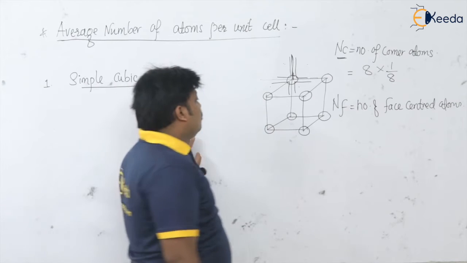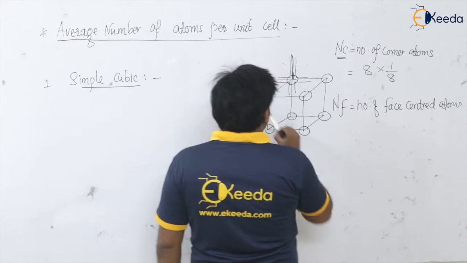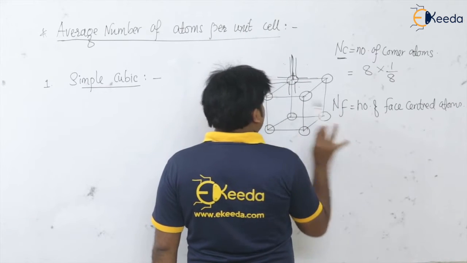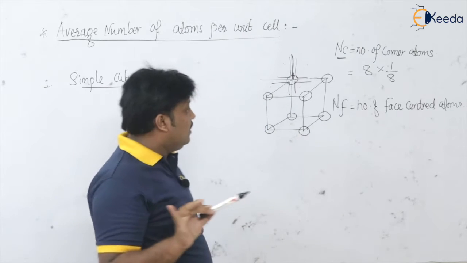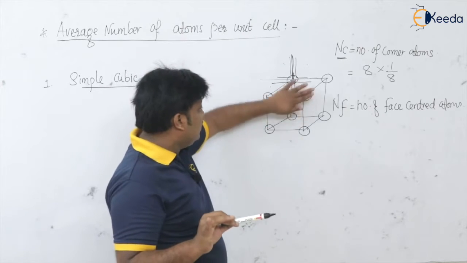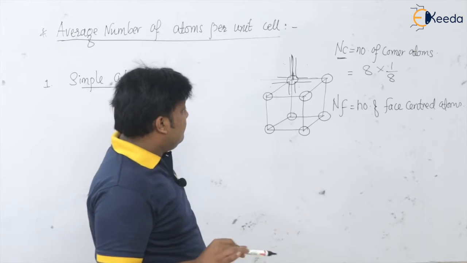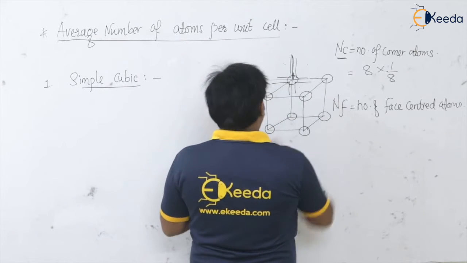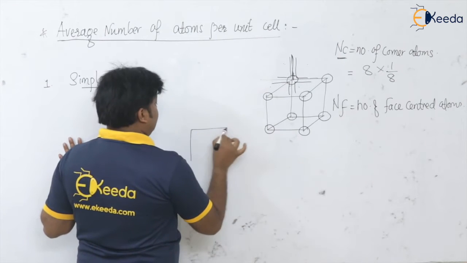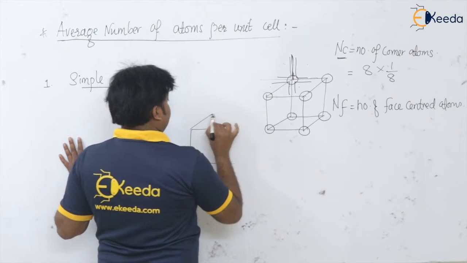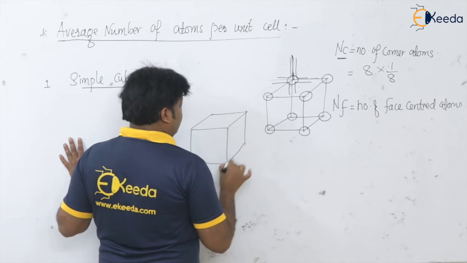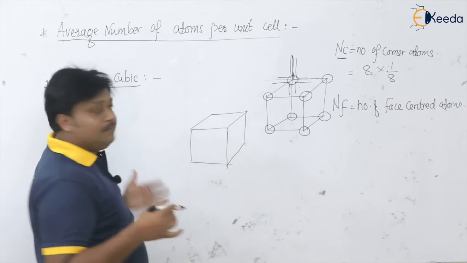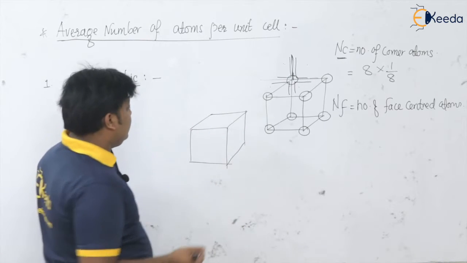Okay, so here see, in simple cubic structure we are not having any face atom which is present on the face of this cube, but whenever an atom is present on the face, for example, because we are going to see all the cubic structures, after simple, FCC will come, BCC will come.